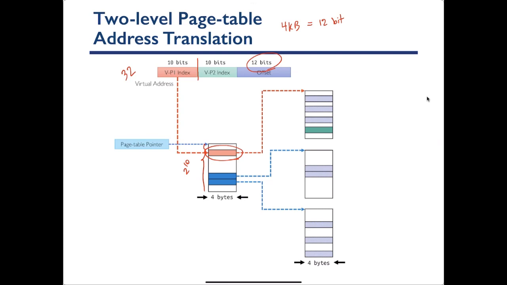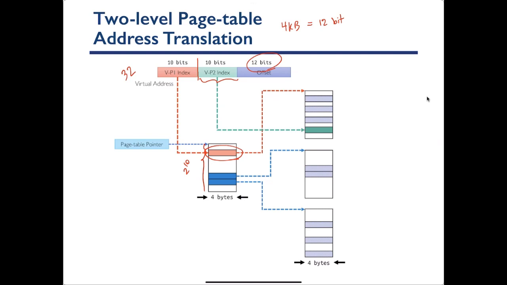Now, I will use the second 10 bits of my virtual index to index into the table that was pointed to by the first level page table entry.